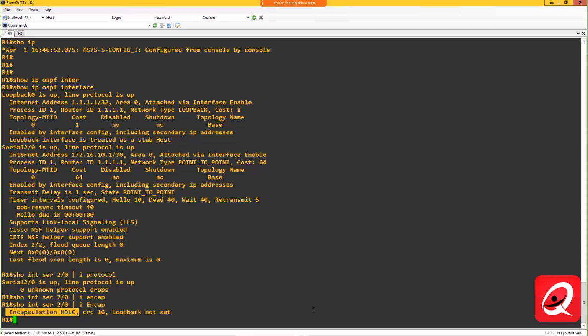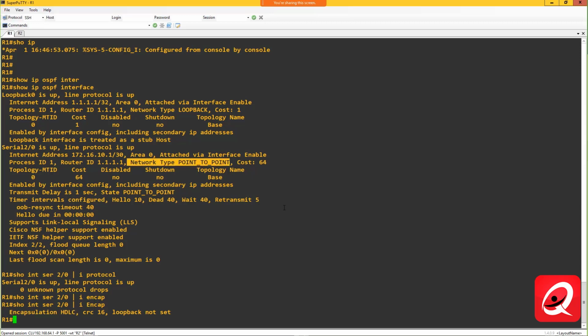And OSPF recognizes that. It looks at the data link layer and says, what type of transport am I using for the data link layer? Then based on that transport type, it makes a decision as to what network type it is. And because it's HDLC, it says, okay, the network type is point-to-point.